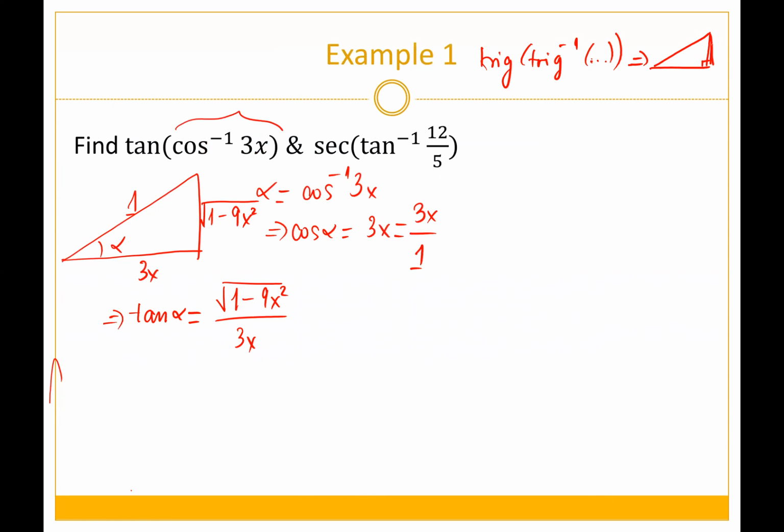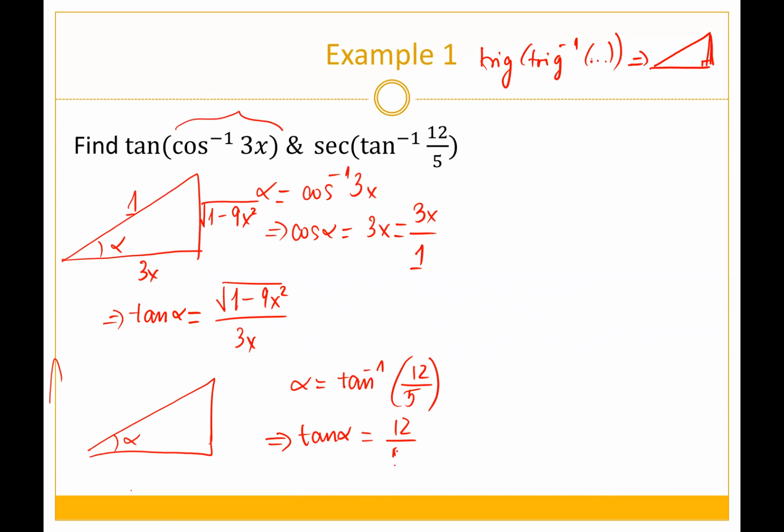Doing the same thing, we're going to do that for secant of inverse tangent of 12 over 5. So alpha is inverse tangent of 12 over 5, meaning tangent of alpha is 12 over 5.